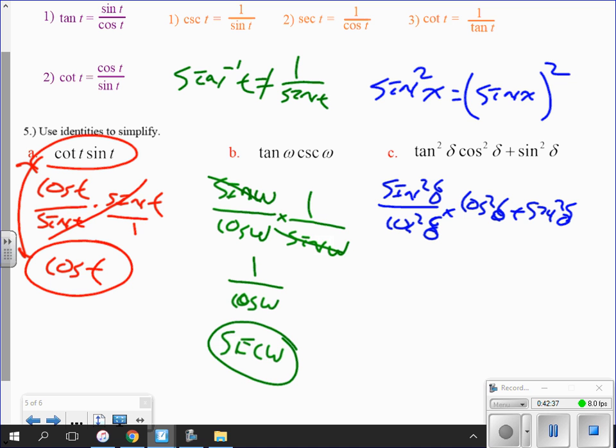Now what? Cancel out the cosines, which means that I have sine squared, and I do believe that is actually epsilon, sine squared of epsilon. And how many sine squareds do I have? 2. I have 2 of them.